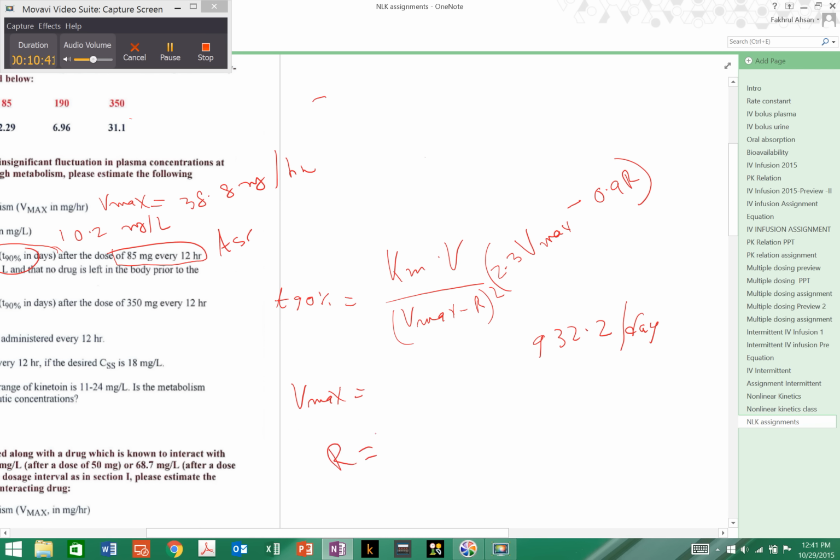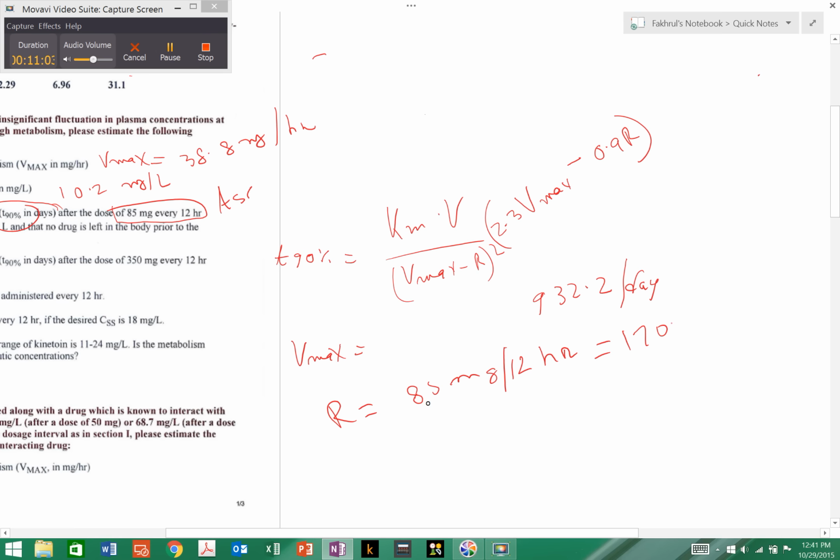That it is asking is given 85 milligram per 12 hours. Per 12 hours, this needs to be equal to 170 milligram per day.